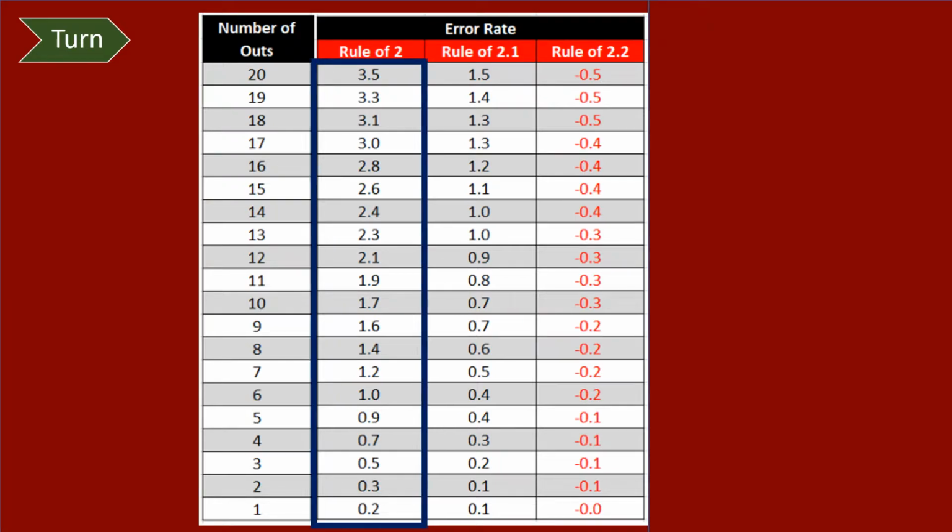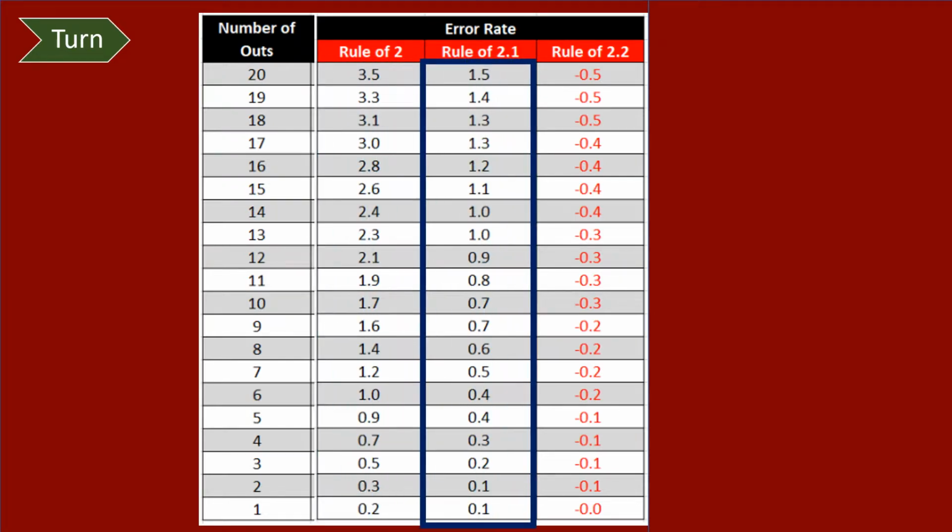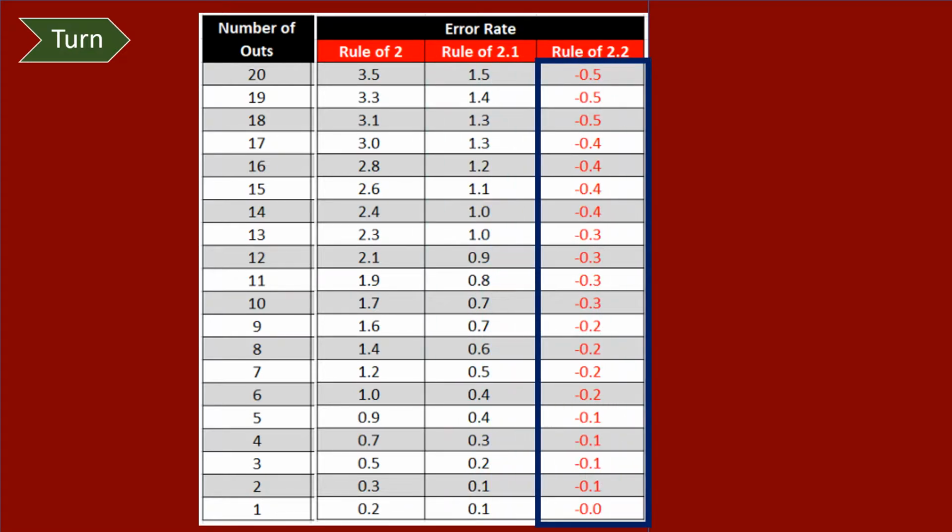The second column shows the percentage error using the rule of 2.1, and the third column shows the percentage error using the rule of 2.2. As you can see, the rule of 2.2 is very close to the exact percentage. All the numbers in the third column, or in the 2.2 column, are closer to 0 than the numbers in any of the other columns.